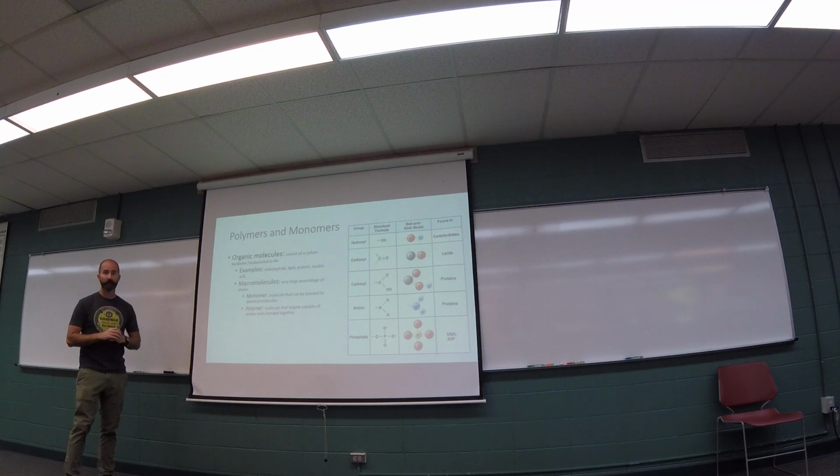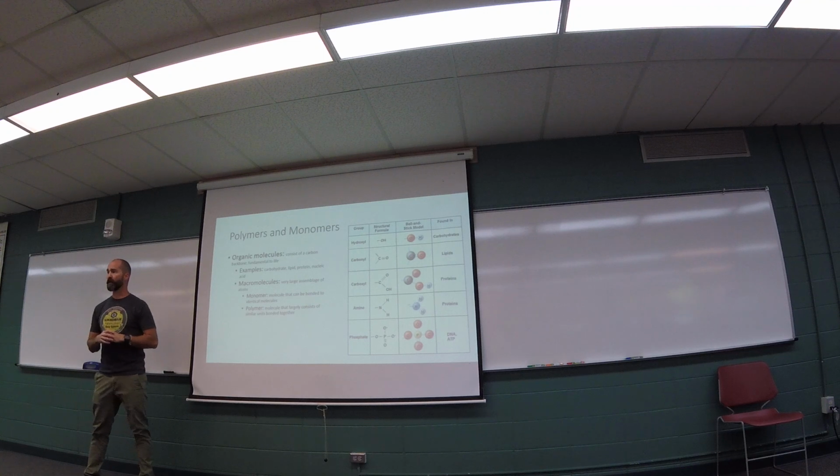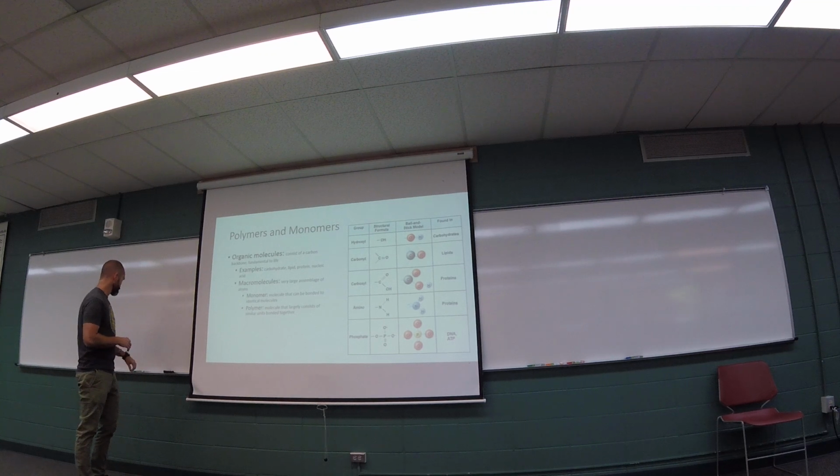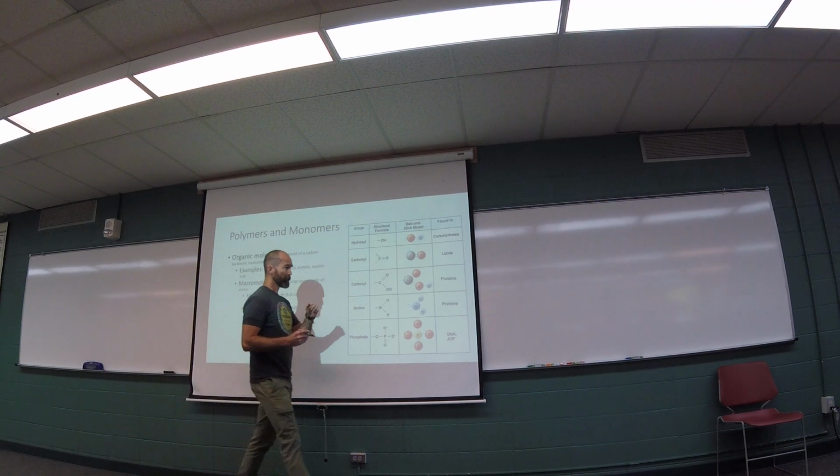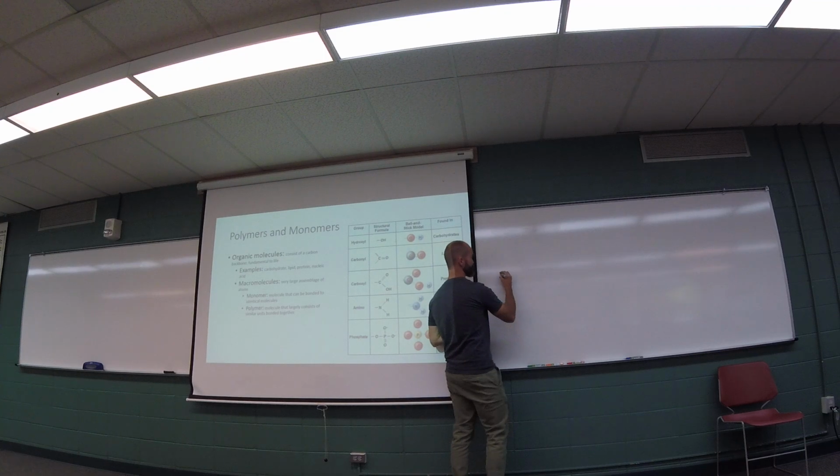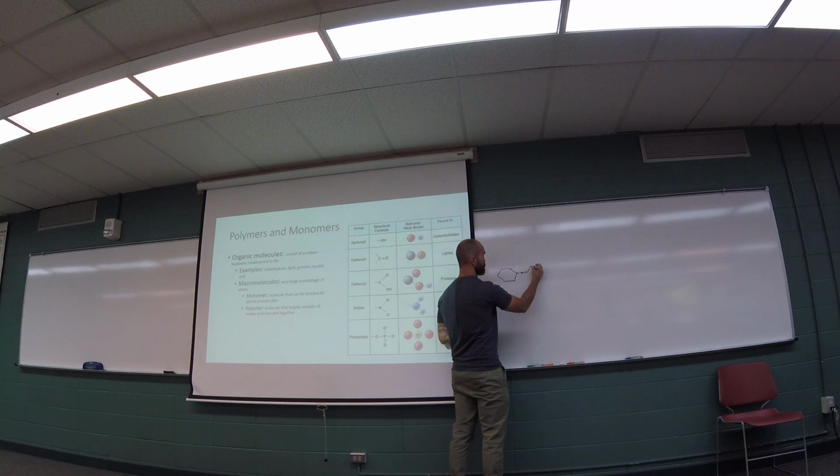So for example, we're familiar with the molecule starch, right? We get starch out of potatoes and corn and rice and wheat and things like that. And really, starch is just a long chain of molecules called glucose.